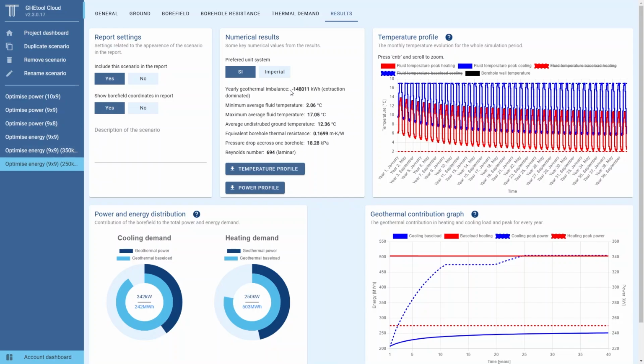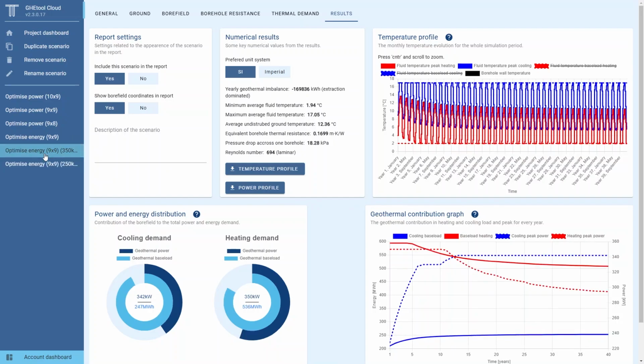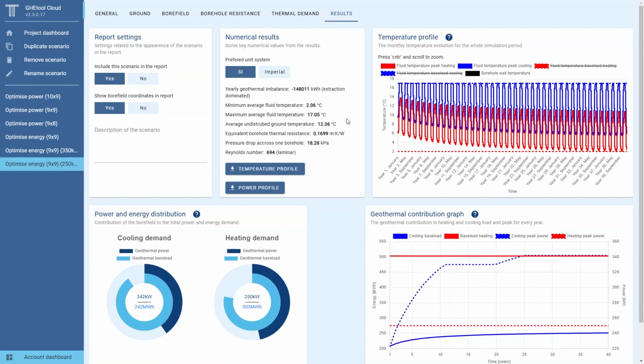So we have here 148 megawatt hours per year. In the previous situation, it was 170 megawatt hours. So the imbalance is now lower, which means that by using our 250 kilowatts, we can get up to 82% of the yearly share in geothermal heating and cooling.